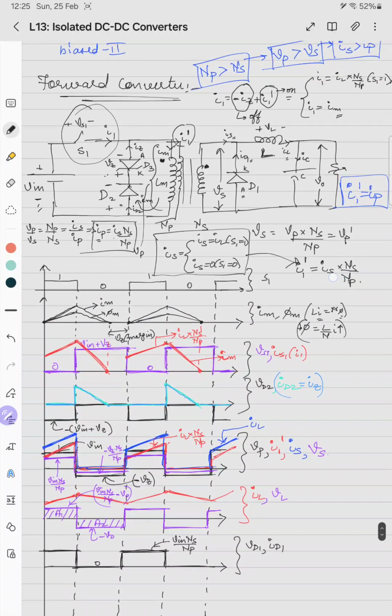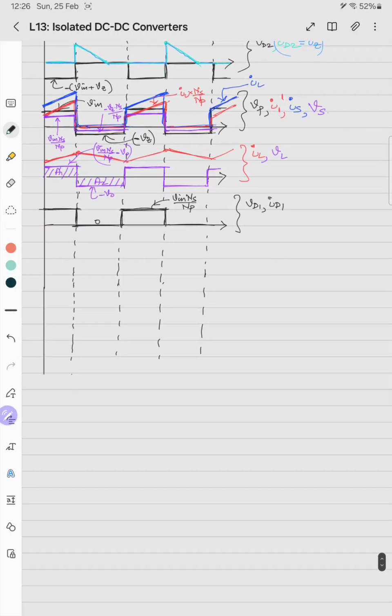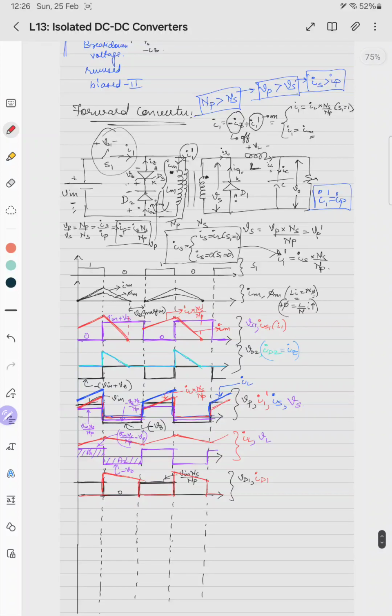Then ID1 equals IL when the switch is off, else it is 0. Then VD1 into ID1. The diode is done, the inductor is done, VS is done, IS is done. And then comes the capacitor and second balance.